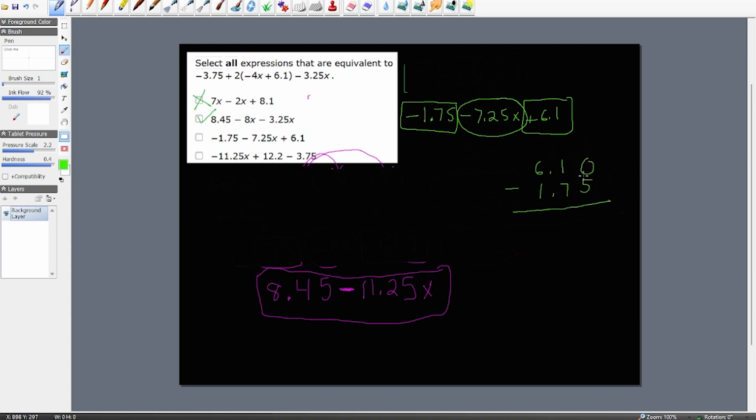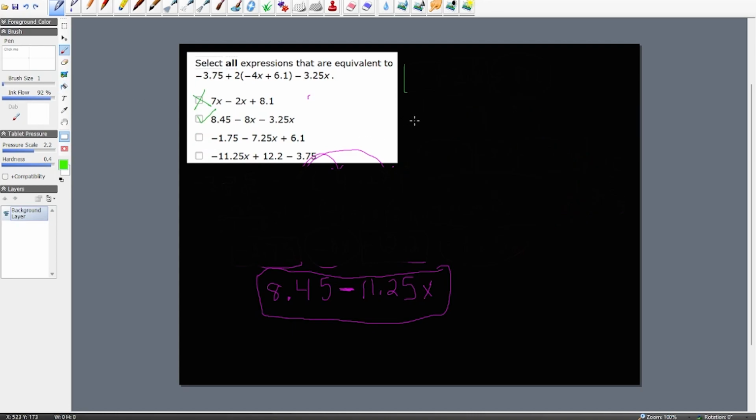I'll just add a 0 here. 0 minus 5, I need to borrow. 10 minus 5 is 5. 0 minus 7, I need to borrow. 10 minus 7 is 3. 5 minus 1 is 4. And as far as the sign goes, there's more positives, so it's going to be positive. So this results in negative 7.25x plus 4.35, which we see is not equivalent to this. So this choice is incorrect.